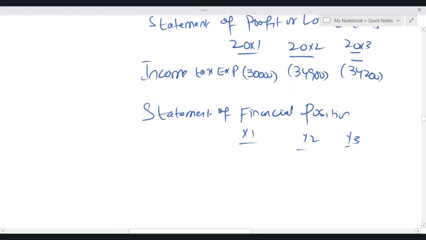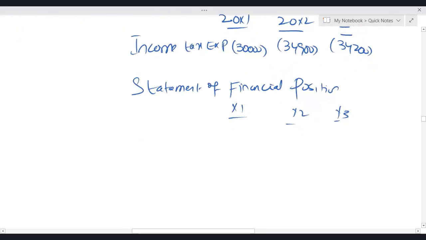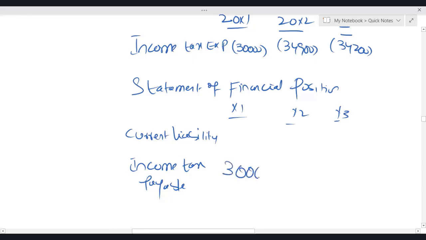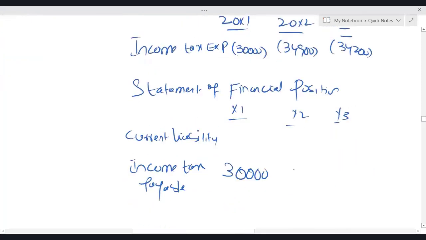Simply current liabilities, we will show income tax payable. In the first year, it is 30,000. Second year, we have calculated 36, and last year it was 33. Because we have discussed many times, under and over provision only affect your income tax expense without having any impact on your income tax liability.